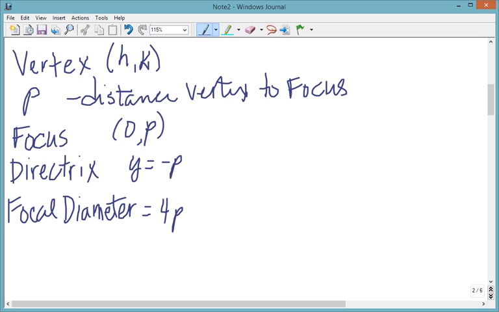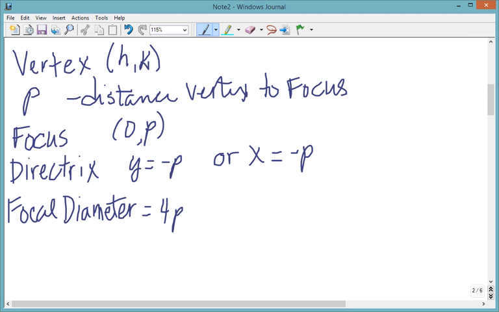So in a parabola that opens up or down, it would be y equals negative p. Or if it opens to the left or right, it would be x equals negative p, or p if it opened the other way. It could be either way.